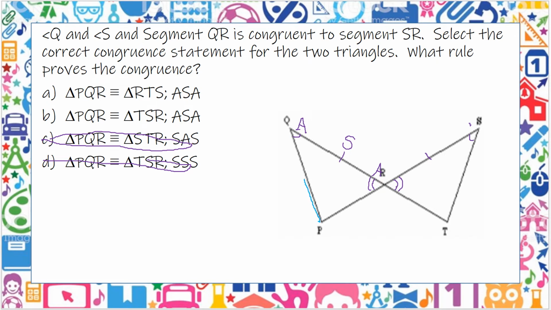P to Q to R. Now the reason I did that is because I want you to see this one has, Q has one circle there, R has two, P has none, but we started with P. So over here on our other triangle, we have to start in the same place. So we're going to start with T, and we're going to go the same direction, to S, to R.